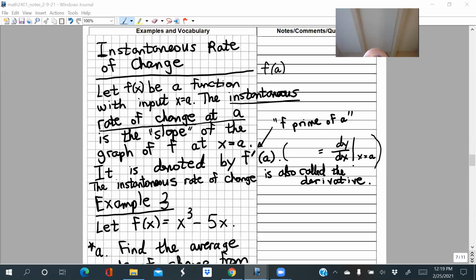Then you put a vertical bar here, and then x equals whatever x value you're dealing with. These two things mean the same. These both mean instantaneous rate of change, or the slope of the graph at the input a. This one looks very clumsy, and it is very clumsy. That's why modern function notation is very nice to have. But this old-fashioned notation is still used a lot because it's actually very useful in certain instances.